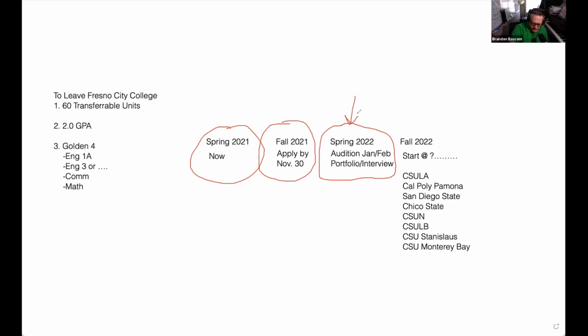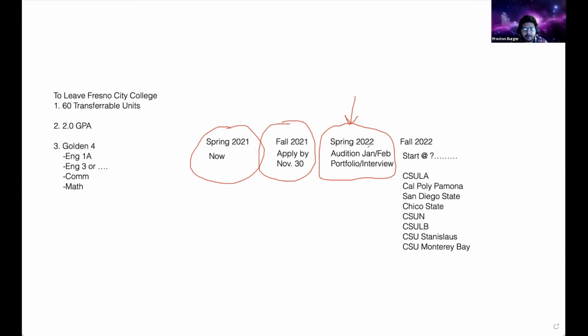Such and such school requires that I learn this. Such and such school requires a song from this time period or in this language or whatever the case may be, right? If you don't know what your audition requirements are, you're not going to have that in your repertoire now and next semester to be ready for your audition. So that's another reason you've got to plan a year in advance. So that's why I want to have this conversation, because I don't know where else you're going to have it.